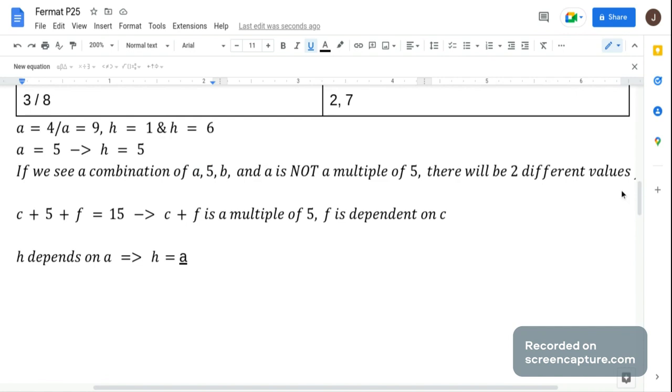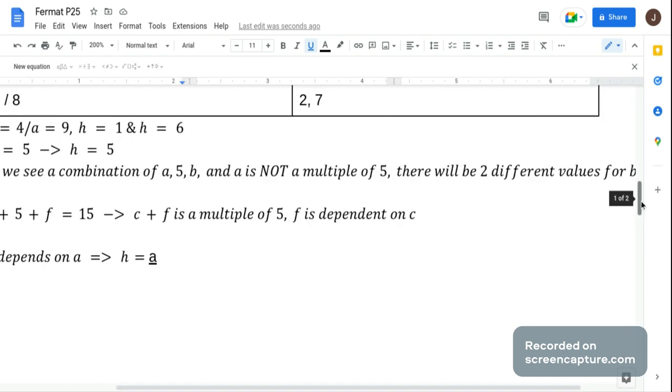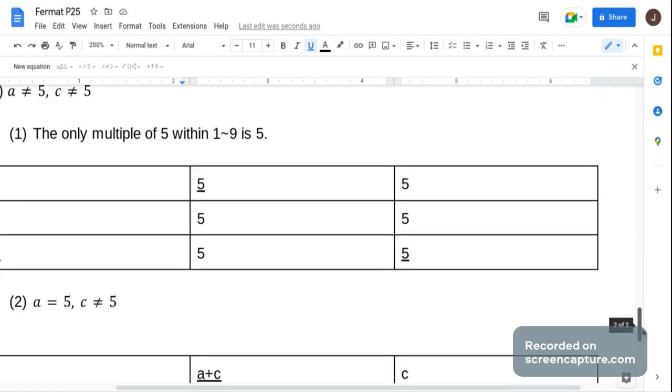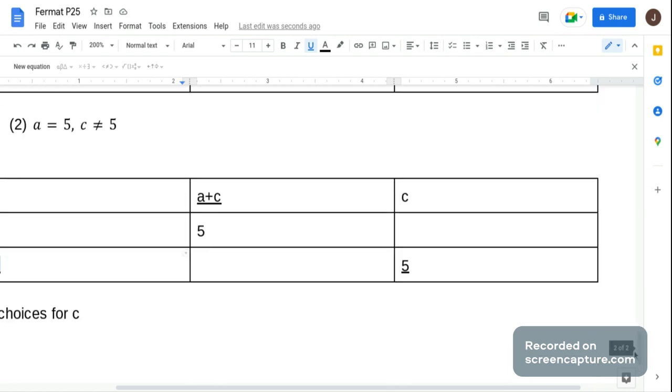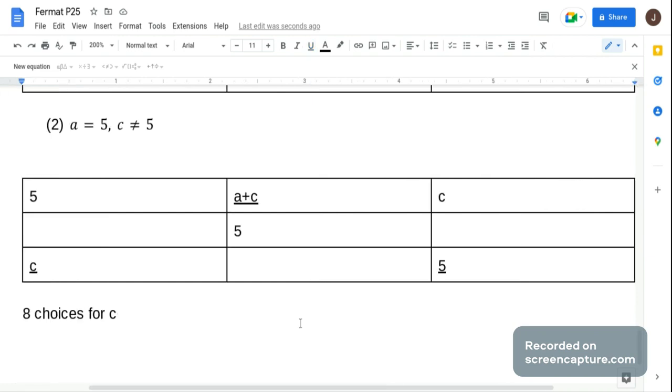If we see a combination of A, 5B, and C, where A is not a multiple of 5, and C can be any value other than 5, there will be 2 different values for B. Since we stated that C is not a multiple of 5, then the effective C can have 2 values. So we know that there are 2 choices for C.